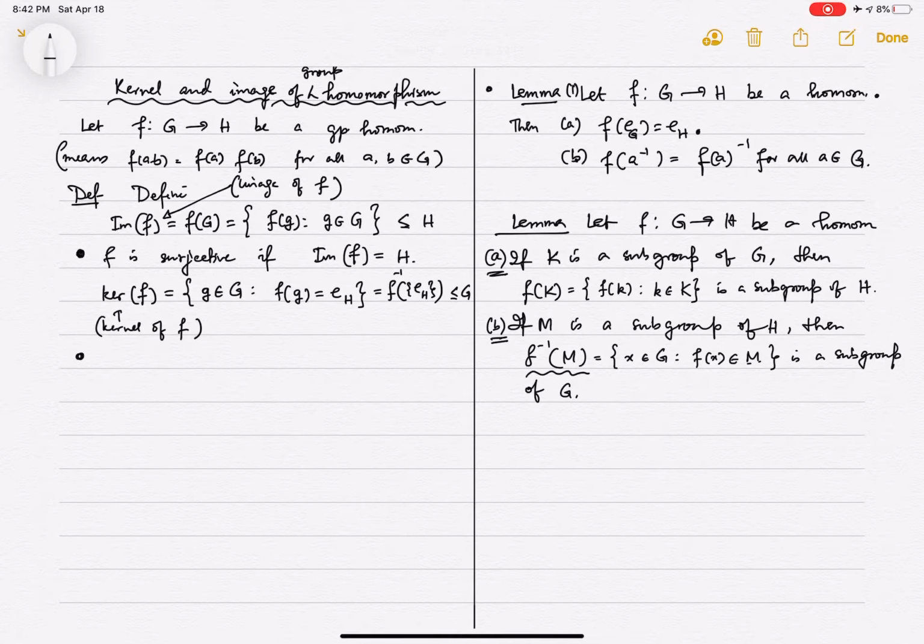The remark I have here requires a little proving. So let's call this one a lemma, that f is injective if and only if the kernel is just the identity subgroup.